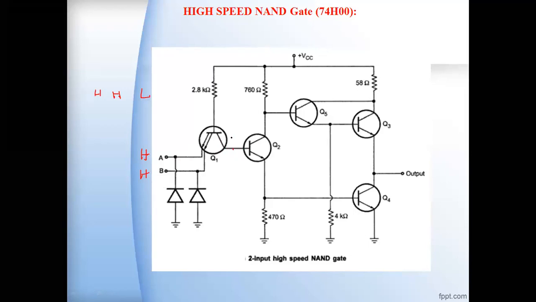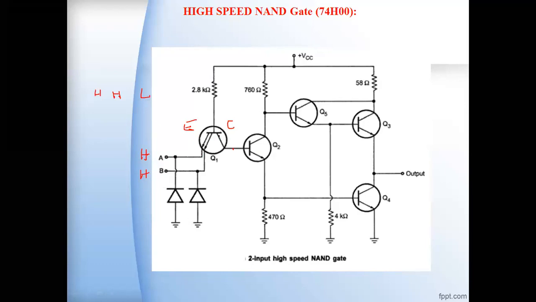It is maybe in the order of 0.2 to 0.3 volt, and this voltage is insufficient to drive the transistor Q2, because A and B are at the logic high state. So therefore, the emitter junction is reverse biased here, and so the transistor is off.